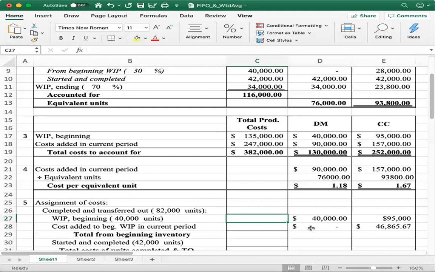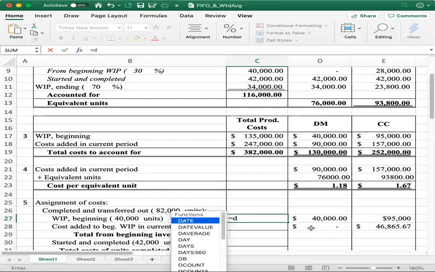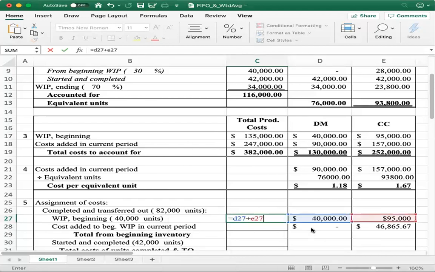So you sum this up, so equals to, this is your D27 plus E27. And then for your conversion cost is D28 plus E28, right?